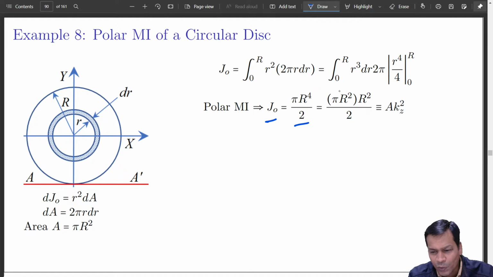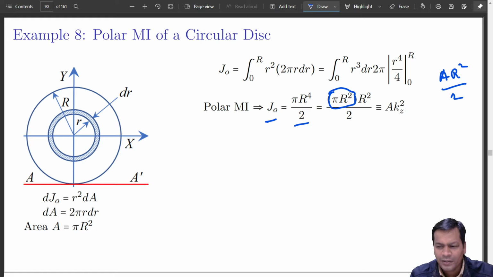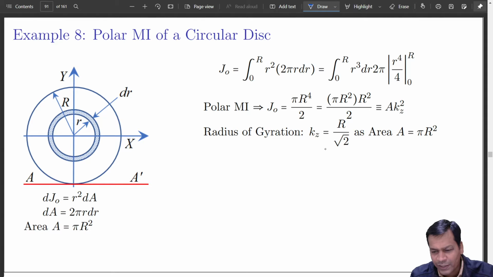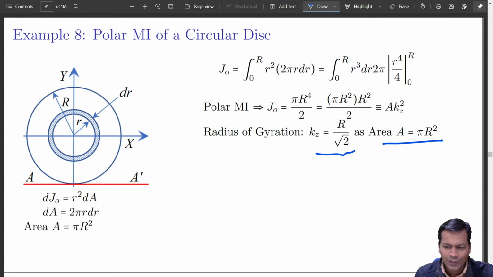So this includes the area part of it. This is your area, is it not? So it is A R square by 2, or kz square into A. So the radius of gyration will be equal to R by root 2, and area being this. Got it?